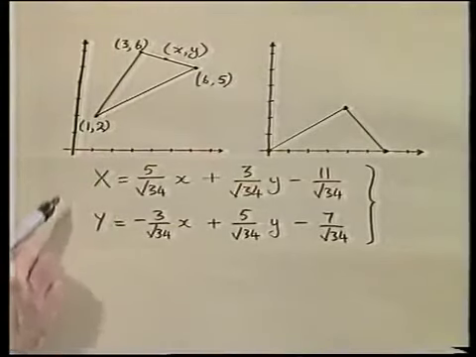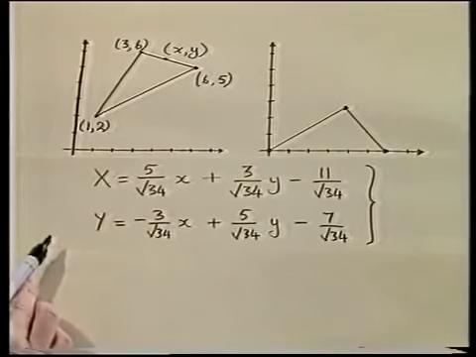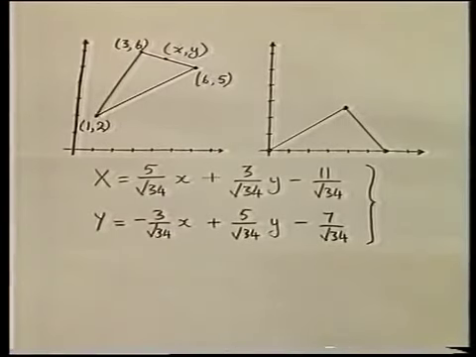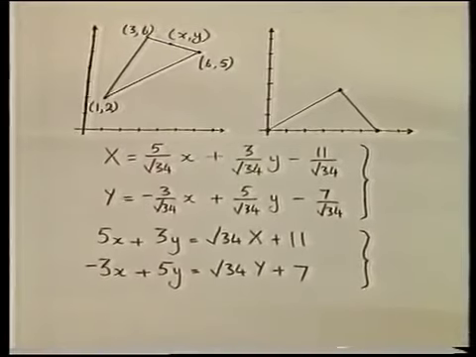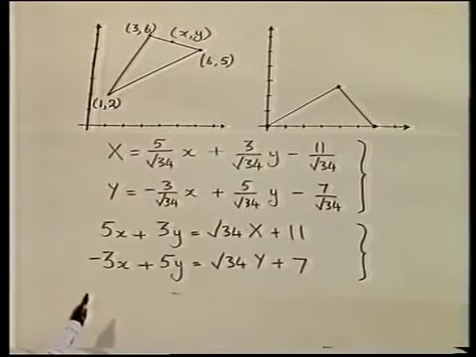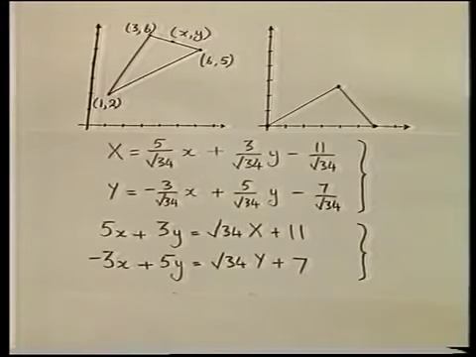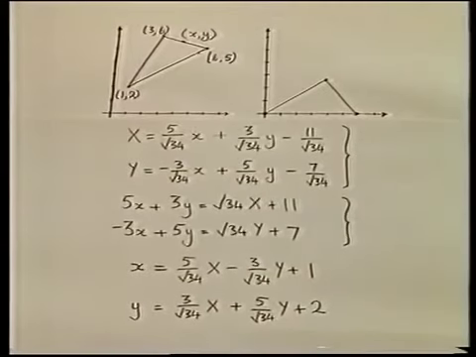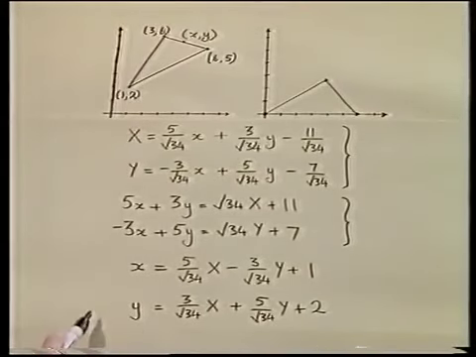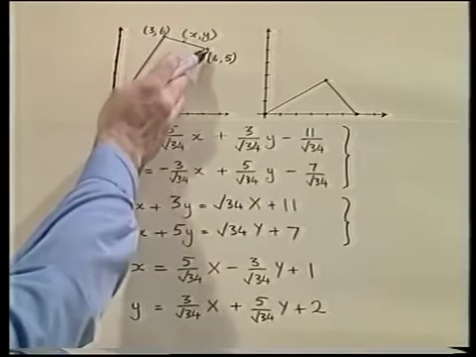If I rearrange these by multiplying by root 34 in both cases and taking the constants over, I get the following. Now these are just a pair of simultaneous equations, and if you solve them, you'll get these expressions for little x and little y. Now, I wanted these in order to substitute them in the equation for this straight line.